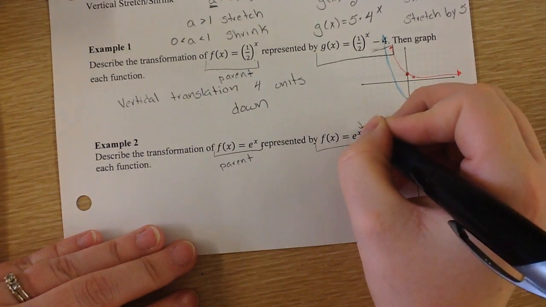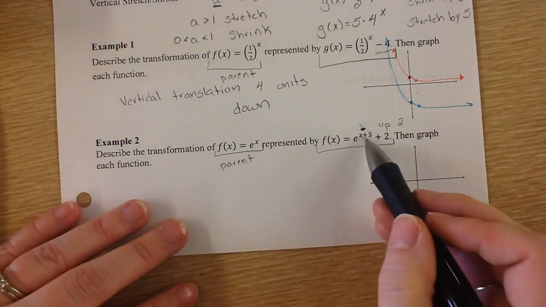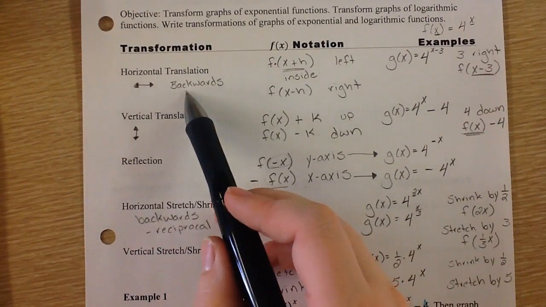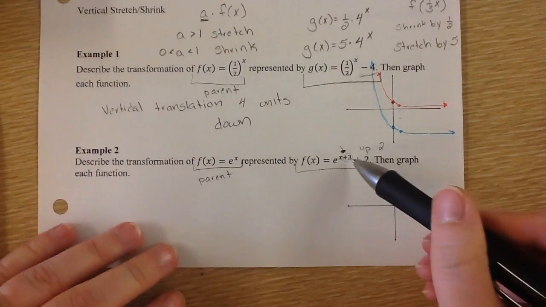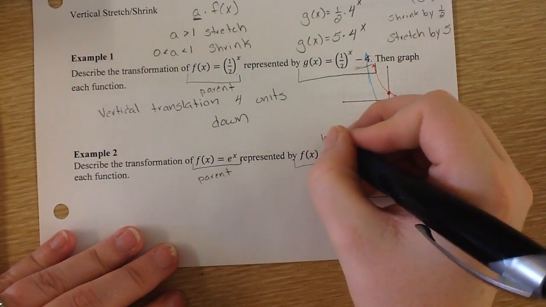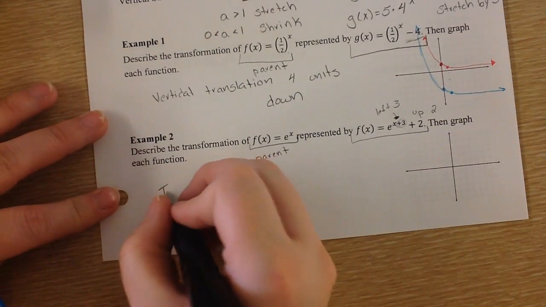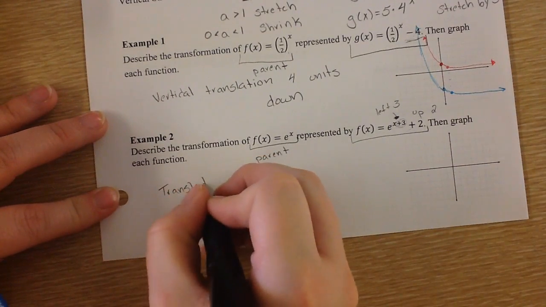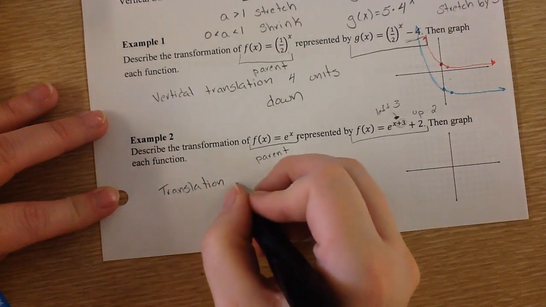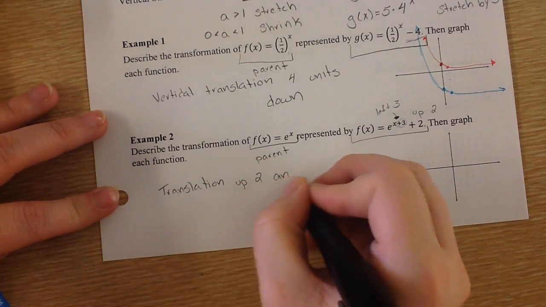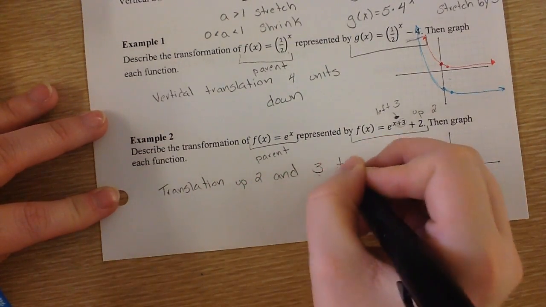So this +3 tells me, since it's up on the x, it's going to be a horizontal shift, so it's going to work backwards. So instead of to the right 3, this is going to go left 3. So it's going to be a translation. And we'll just write translation up 2 and 3 to the left.